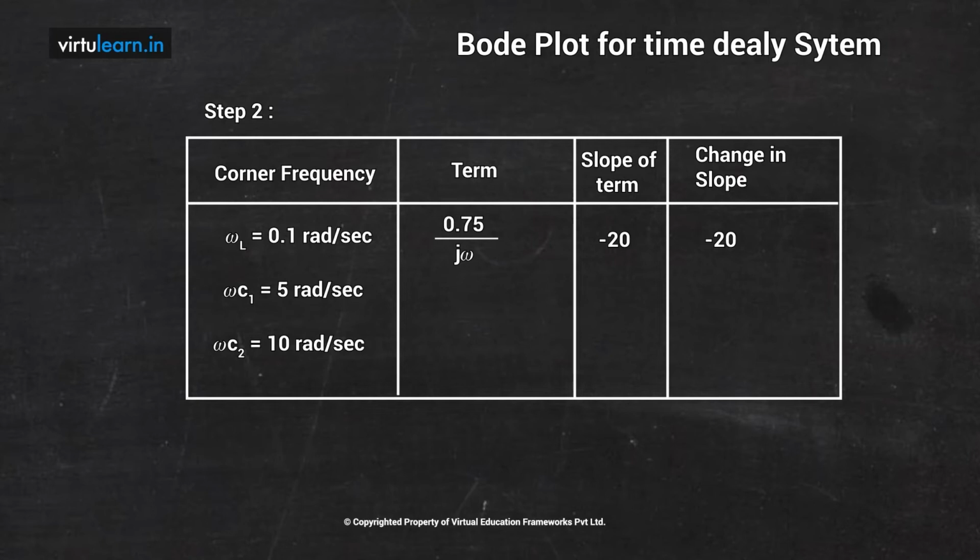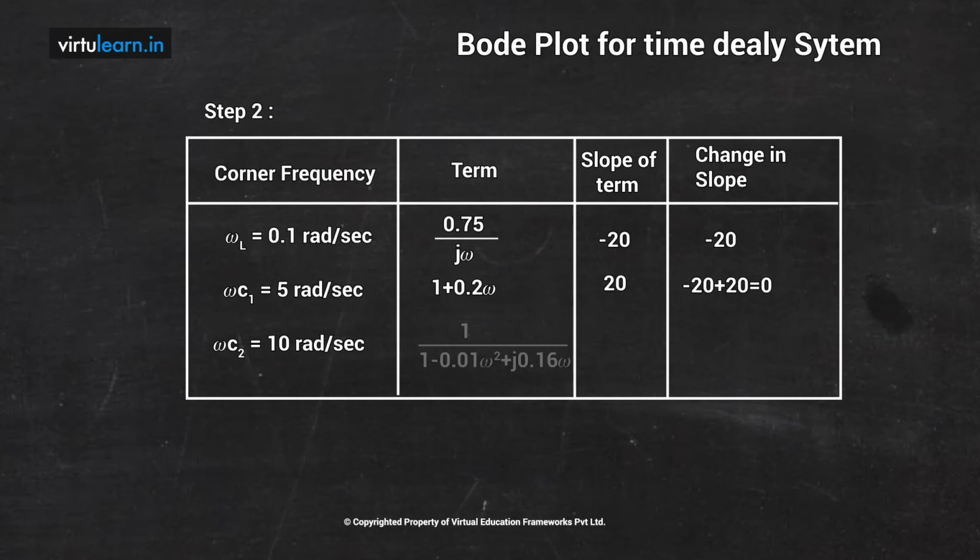Coming to the next corner frequency omega c1, which is 5, this corner frequency is of the finite zero. Since there is only one zero, the slope of the particular term is plus 20. Already minus 20 is there, plus 20, then it is going to be 0 dB per decade. Then the next corner frequency is 10. This is of the quadratic factor in the denominator, so it is minus.